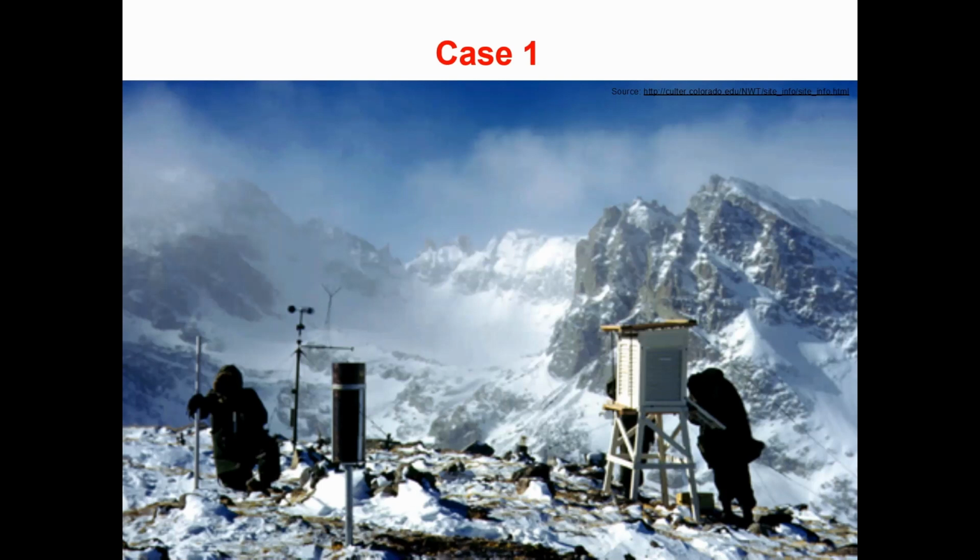So you can just imagine how hard it would be to climb up the mountain on a regular basis in these conditions, especially in winter, to make these kinds of conventional manual measurements. So yeah, absolutely, access, the difficult terrain is a key factor, and that's partly why there are so few of these sorts of stations in the world. Okay, thank you, very good.